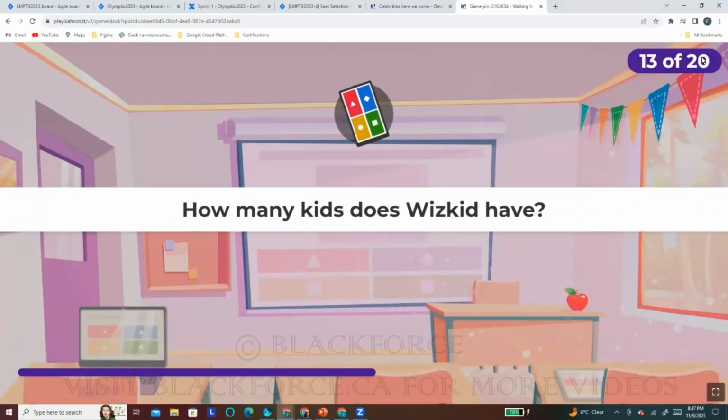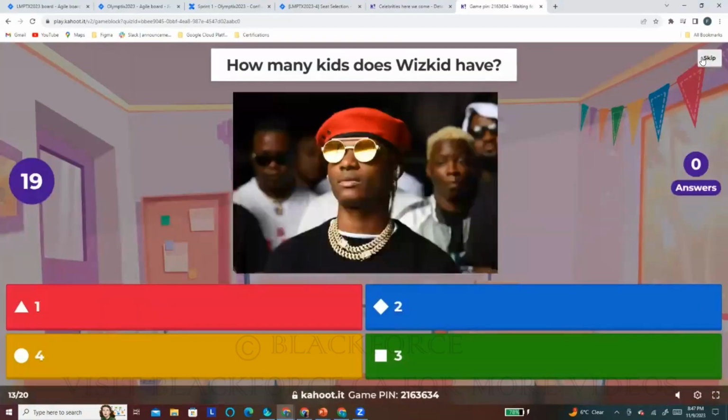How many kids does Wizkid have? He's a popular guy. He is one of the superstars in Nigeria as well. And let's see if people really know him well.